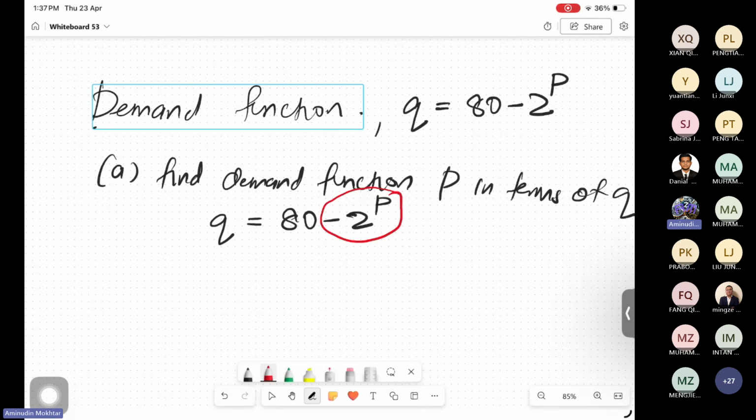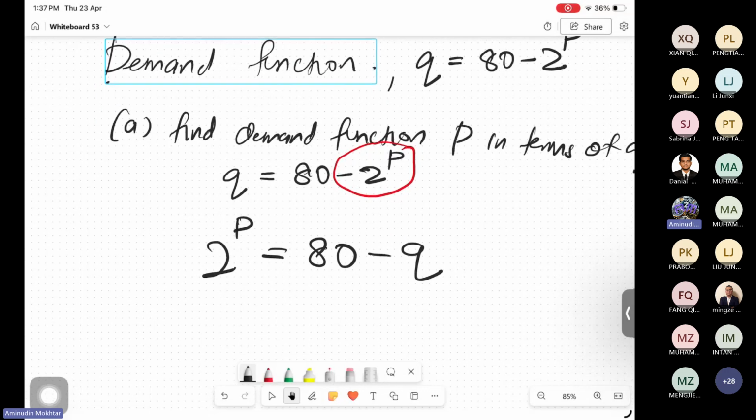So 2 to the power of P equals 18 minus Q. Now we still have the exponent 2 to the power of P. We need to bring down the exponent P, because at the end the equation must be in the form P equals something in terms of Q.